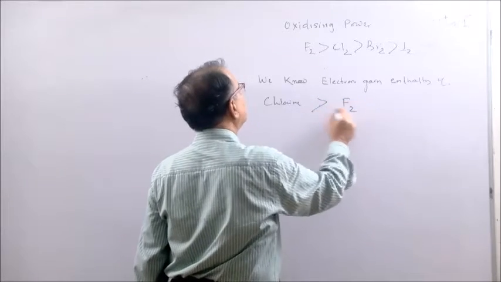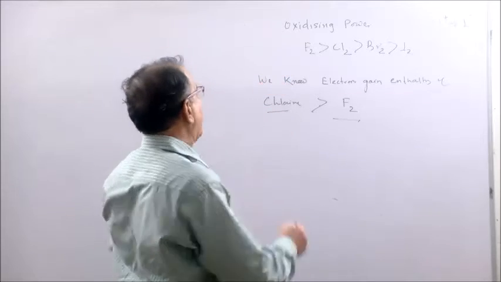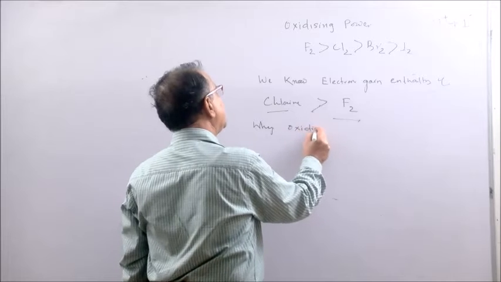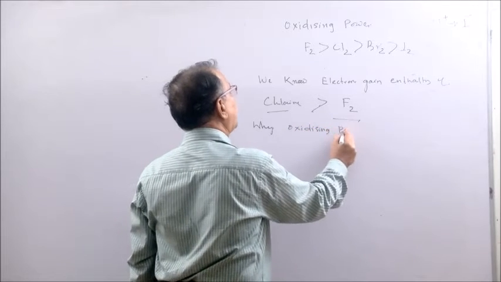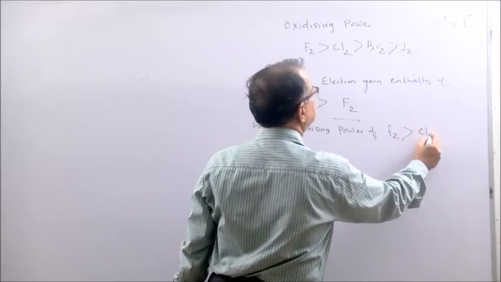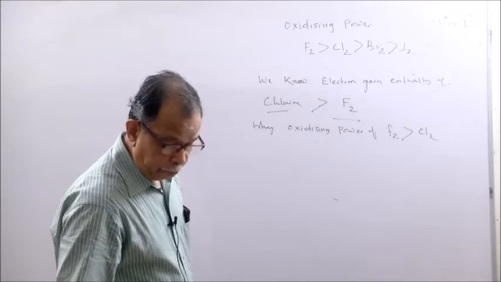Chlorine is greater than fluorine. But why is the oxidizing power of fluorine greater than chlorine? It is the opposite. So this can be explained by three factors.